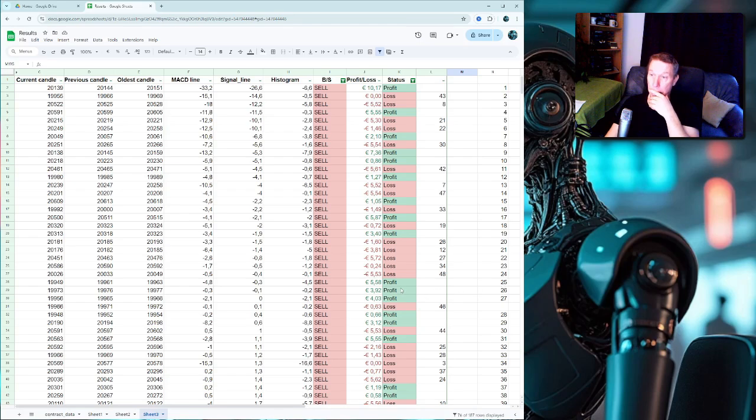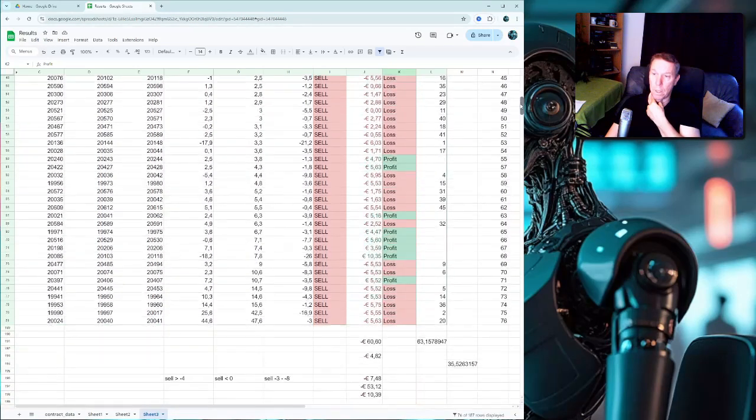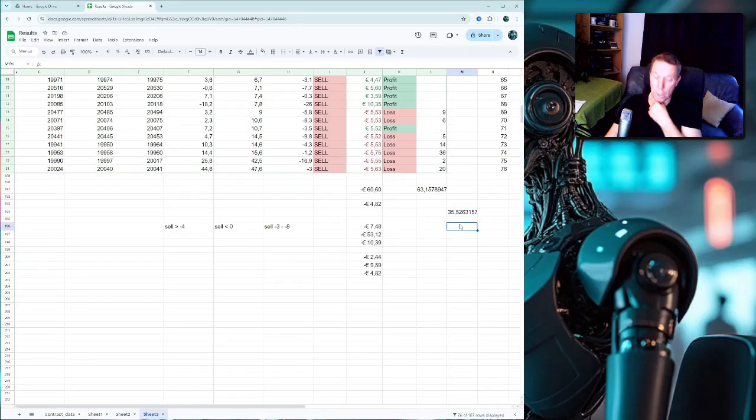This time I'm going to count the profitables. So 1, 2, 3, 4, 5, 6, 7, 8, 9, 10, 11, 12. Yes, 12. Okay. Now we're going to calculate 12 divided by 27 times 100. Equal sign. Bam. Pay attention, please. It's 44%.